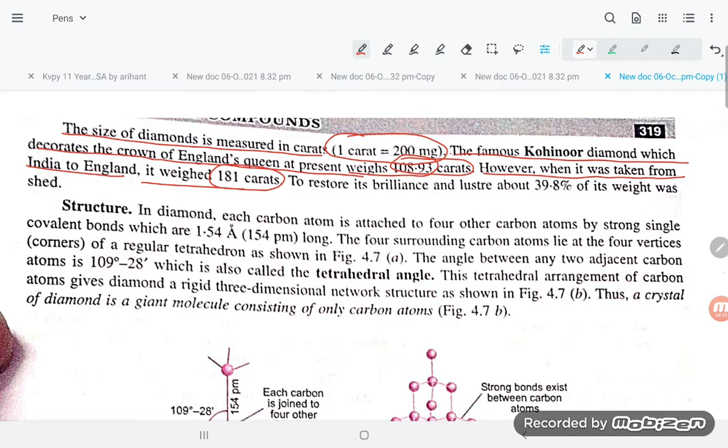It was taken to England during the British era. To restore its brilliance and luster, about 39.8% of its weight was cut.